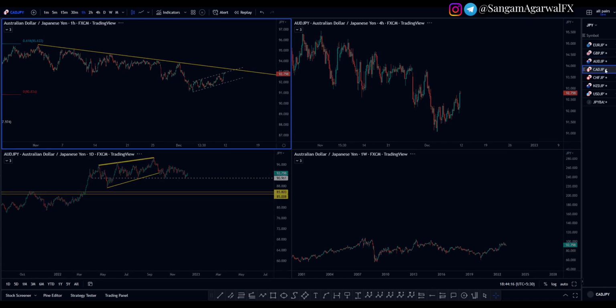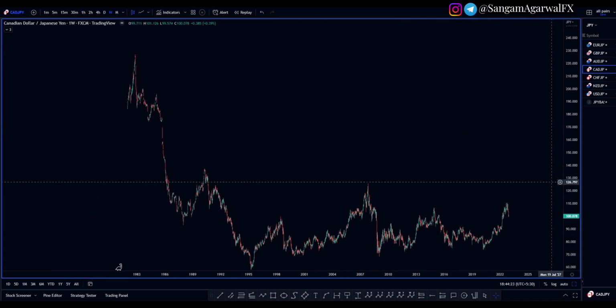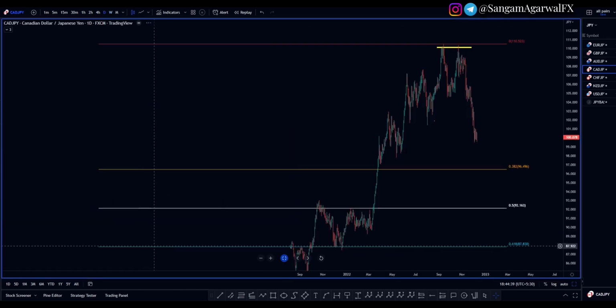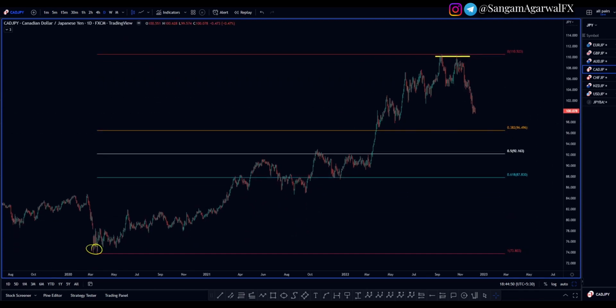And if we see the chart of CADJPY, then on the weekly it is the same as the other pair, first came down, then sideways correction, and on the daily time frame, this was the bottom which was made during the coronavirus market crash when the Fed started QE monetary policy.